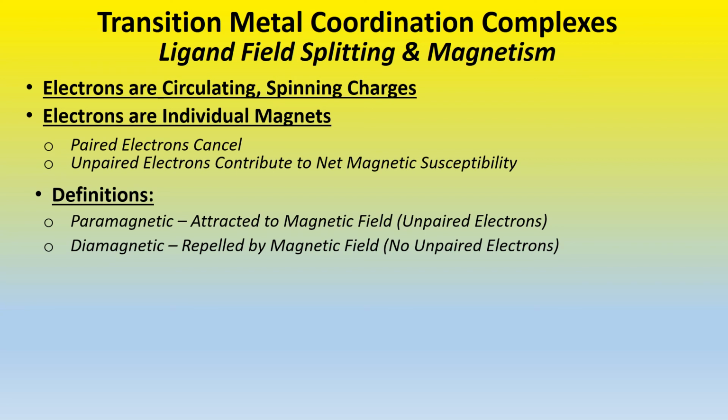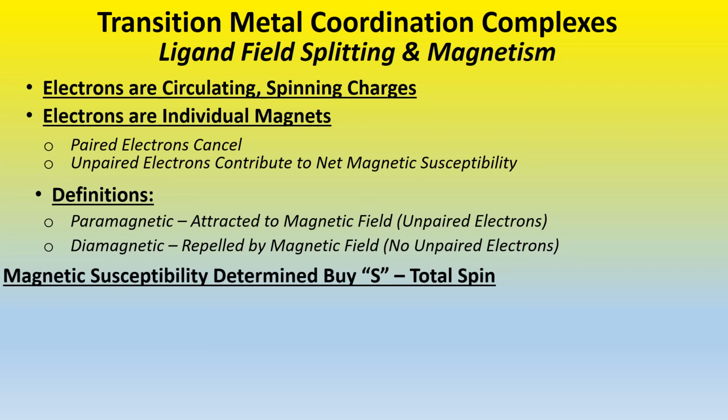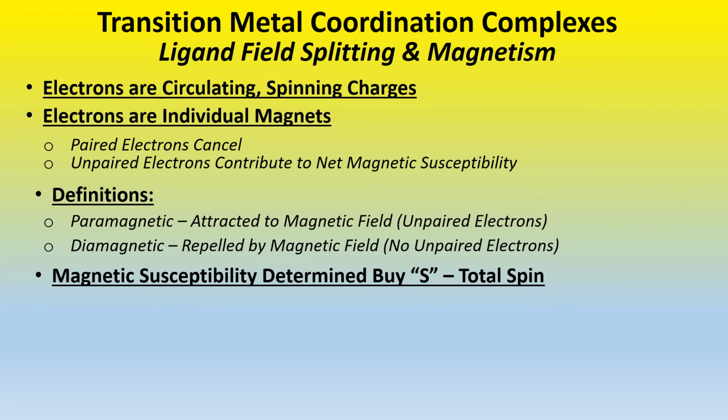As unpaired electrons contribute to magnetism, the magnetic susceptibility is determined by the total number of unpaired electrons you have, which is called S, the total spin.